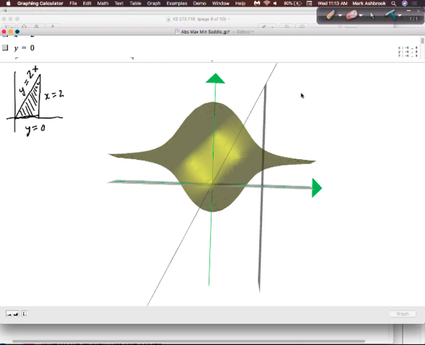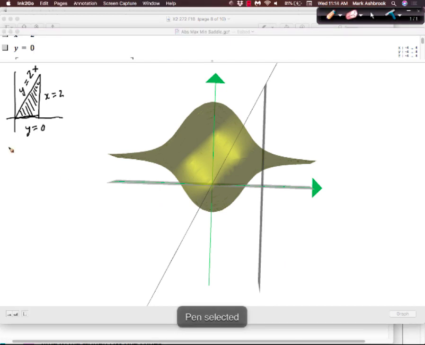And now I want to find the absolute maximum and the absolute minimum of this function, the gold function, in that region. So we're talking about absolute max and absolute min, and you have to think back to Calc 1. We're going to apply all those same principles.